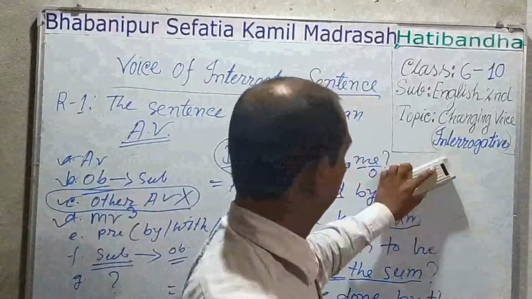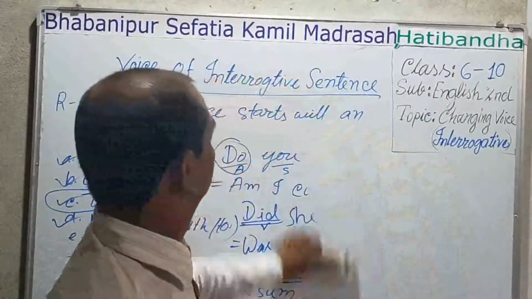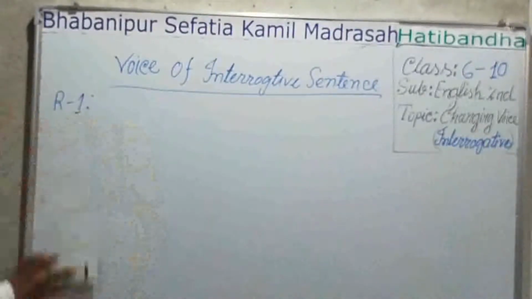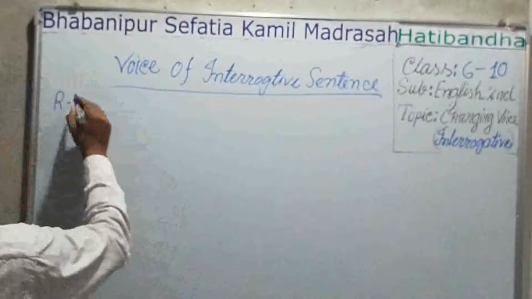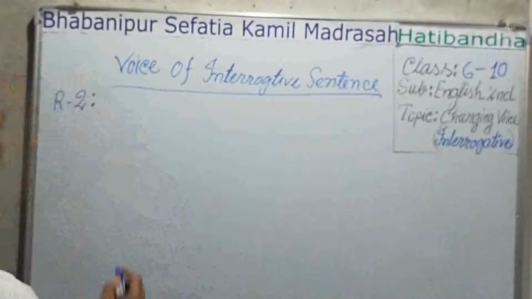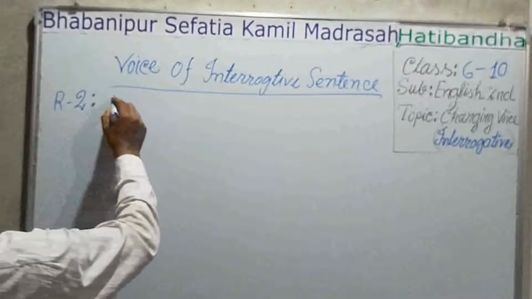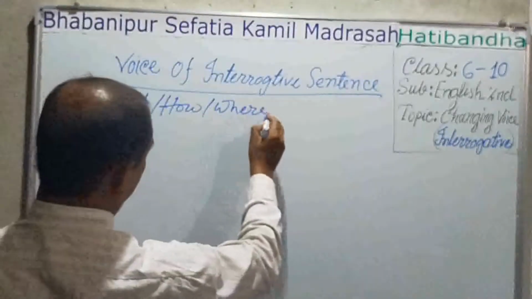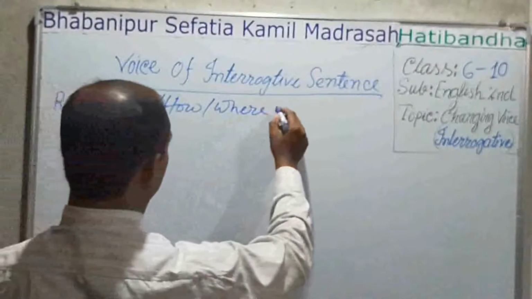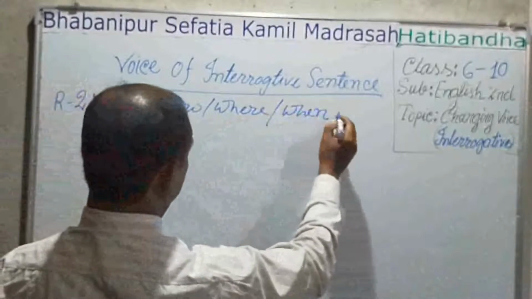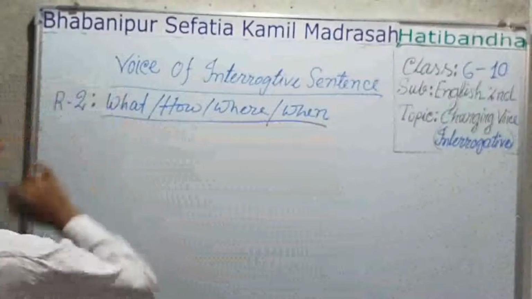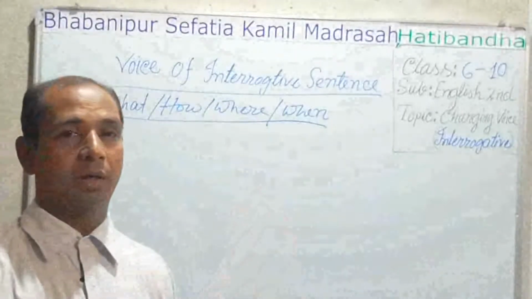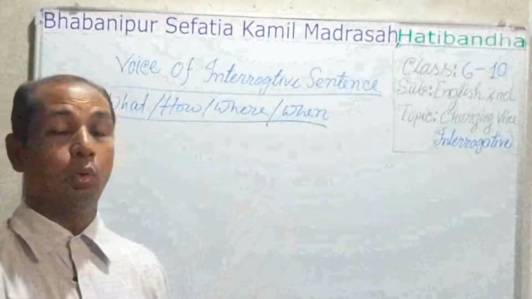Next, rule number 2. If there is what, how, where, and when, the sentence will start with the WH word except how or who or whom.